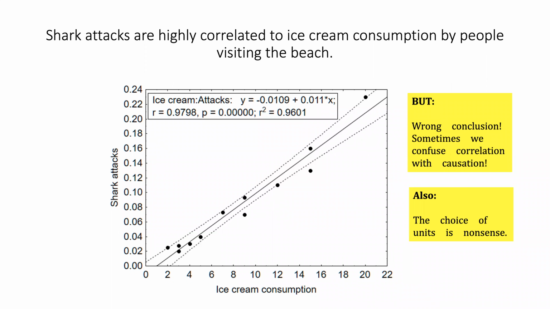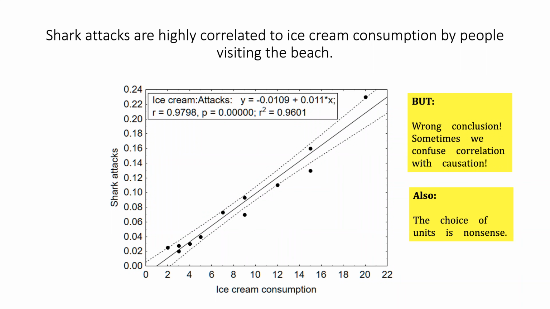It's a wonderful correlation, isn't it? It's really great. But if we now say that the ice cream consumption has an effect on shark attacks, we would be completely wrong, because we would be confusing correlation with causation. In other words, we would actually not do justice to such a data set.